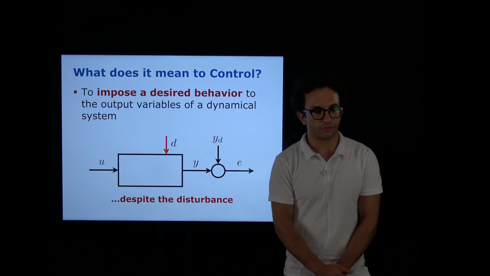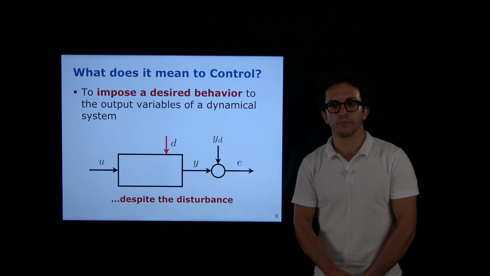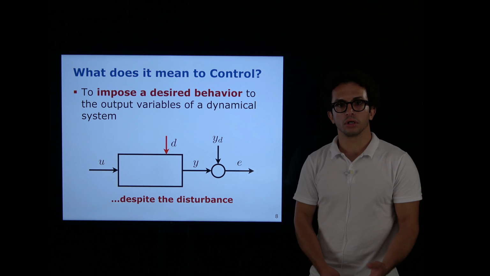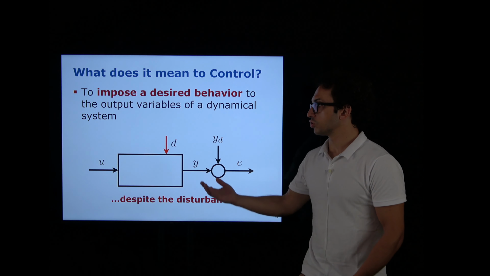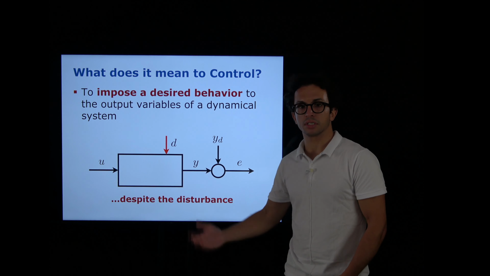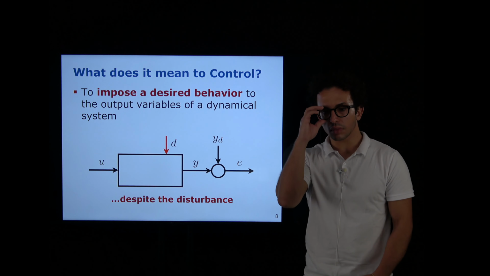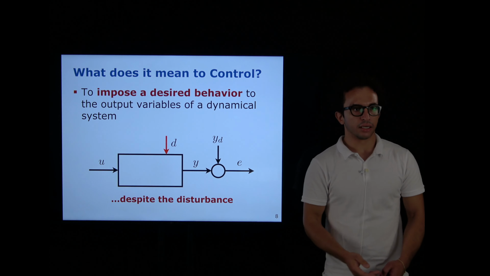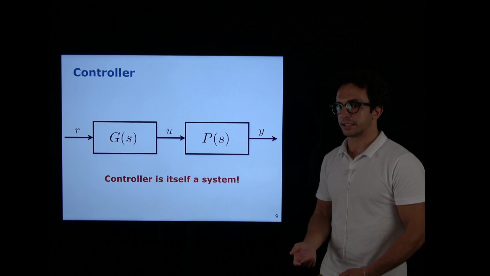So this is what we defined last time to be the synthesis in the control engineering: to synthesize a controller, to synthesize another system, basically, which is the controller that actually makes our system behave in the way that we want it to behave. And I just said that the controller is basically another system, because it actually is.